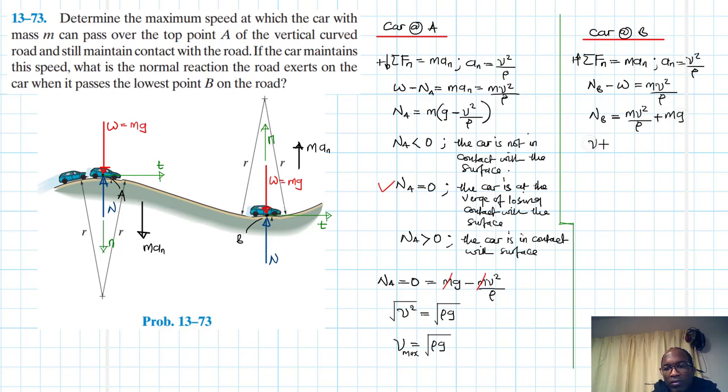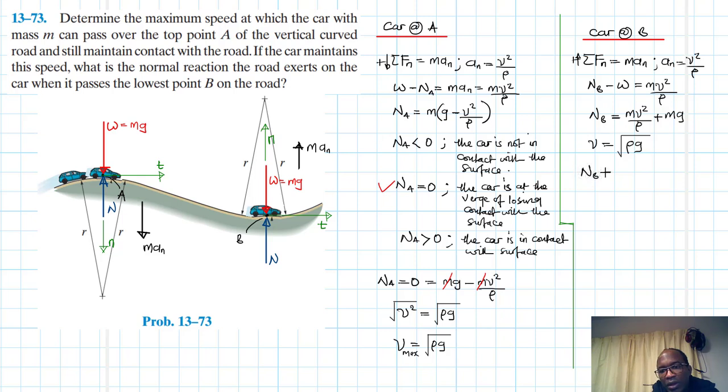So we already found v, and we said v is just equal to the square root of rho g. So let's replace this in there.